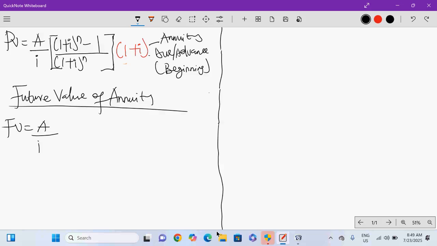The equal payment A over I, bracket 1 plus I exponent n minus 1, just like that.